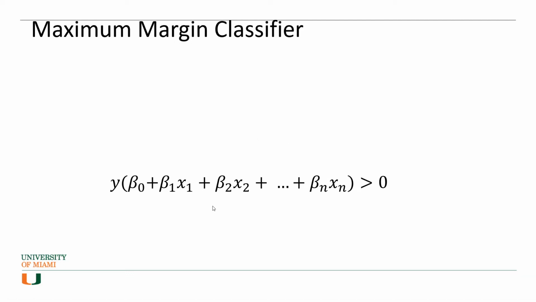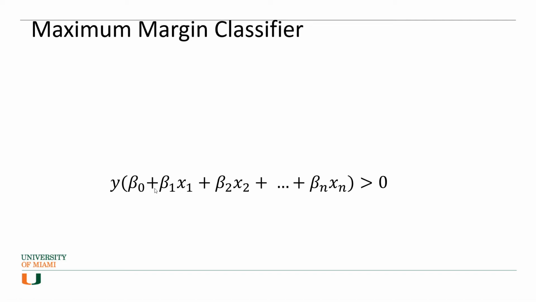So once we have summarized the classification of the observations into the two groups using this one single formula, we can go and define the maximum margin classifier as follows.